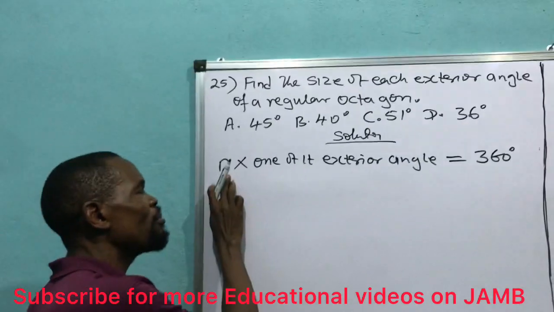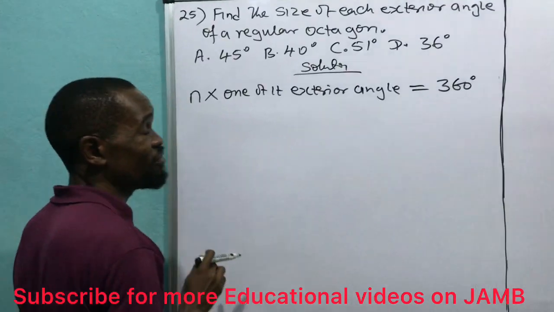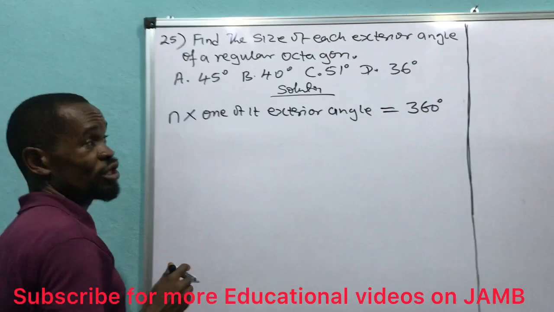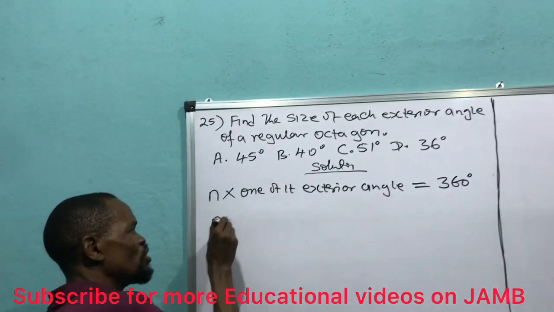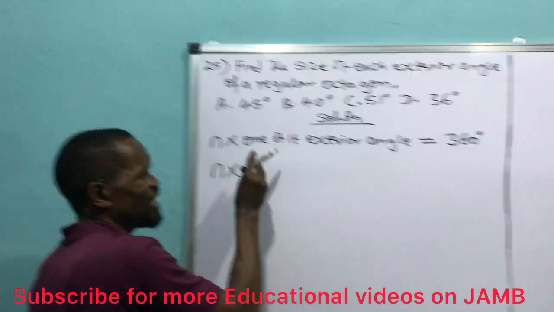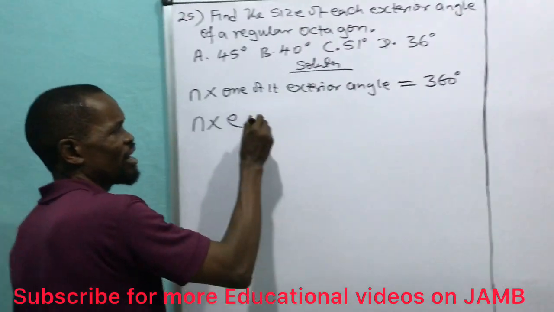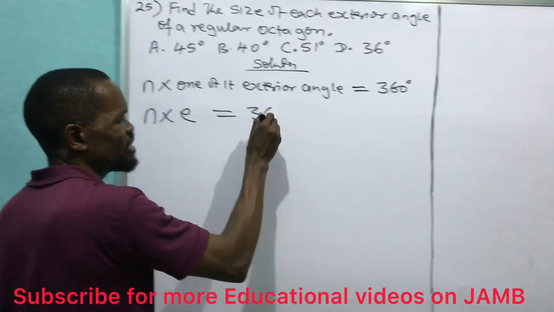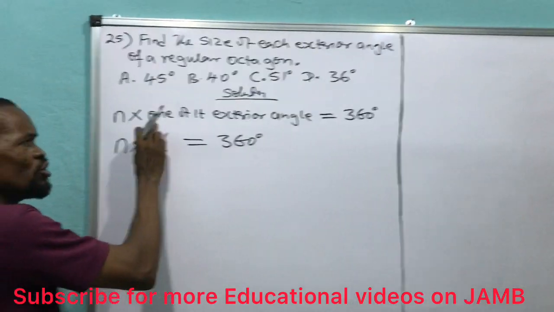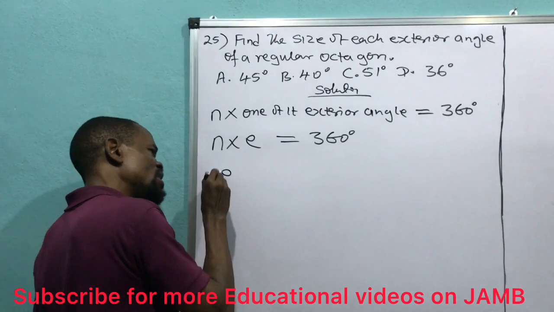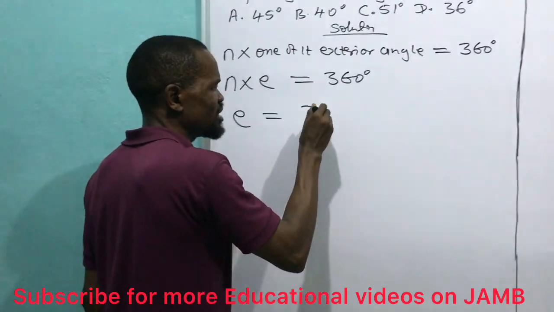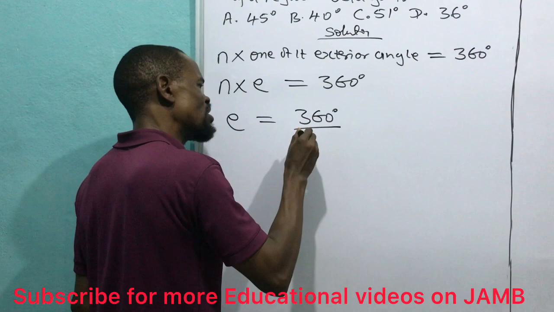If the number of sides times any one exterior angle gives us the sum of the exterior angles, therefore, if I use E to represent one of the exterior angles, this means E is equal to 360 degrees divided by the number of sides.